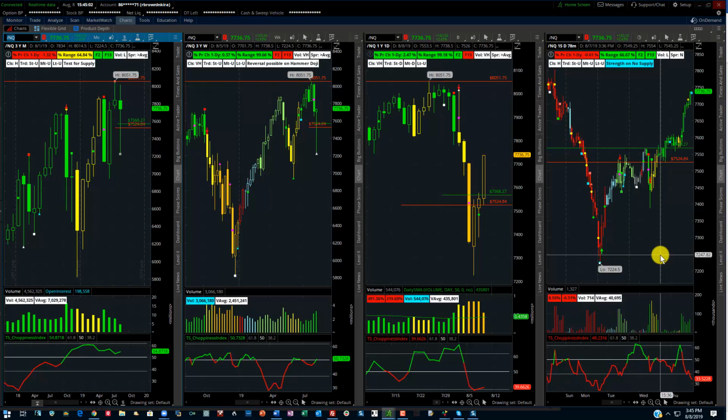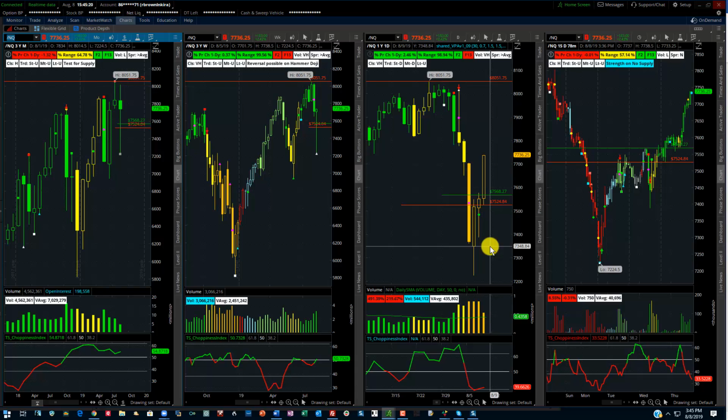It just gives us a different look when we can see it building from the inside out, short term to daily to weekly. Okay? It'll make more sense as we go along.